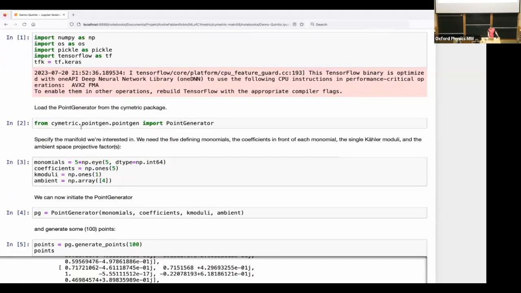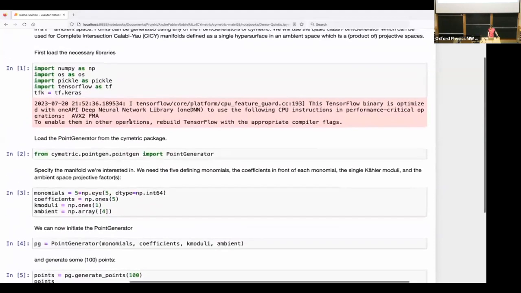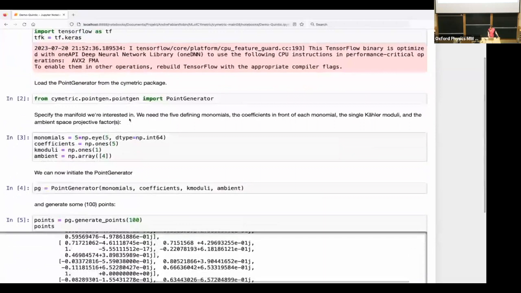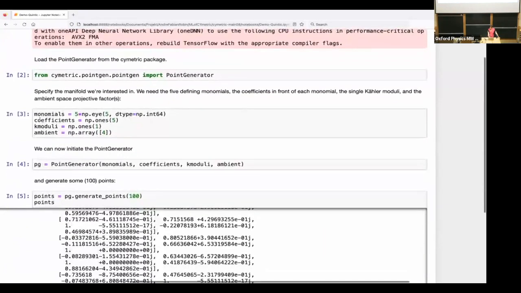Here is our package, C1 metric, and then we define the Calabi-Yau that we want to work with. Here I just want to have this very simple quintic Calabi-Yau. So I have my monomials as the 5th power of every ambient space coordinate, and the coefficients of that are 1s.